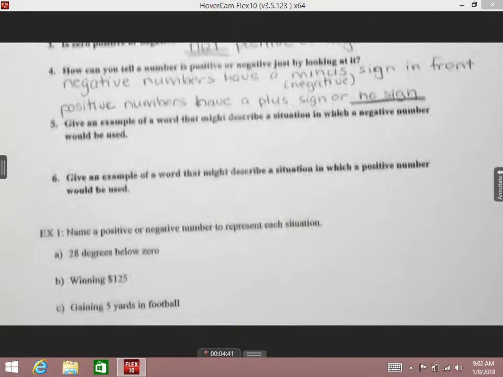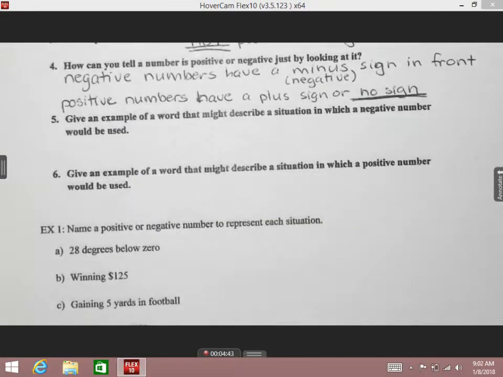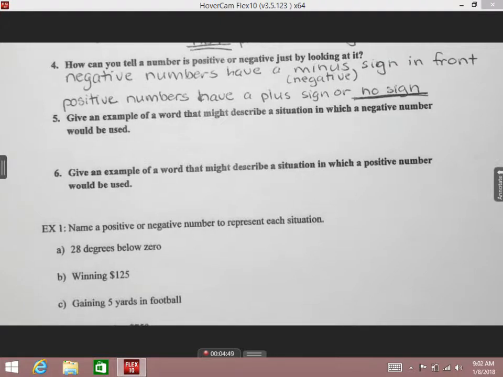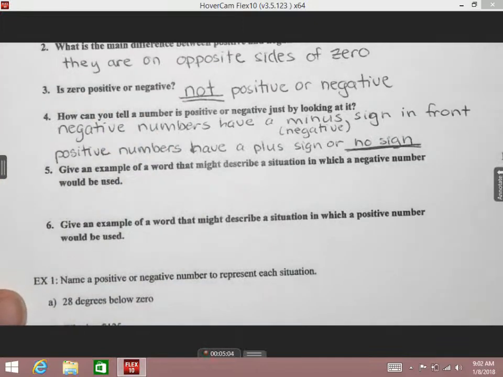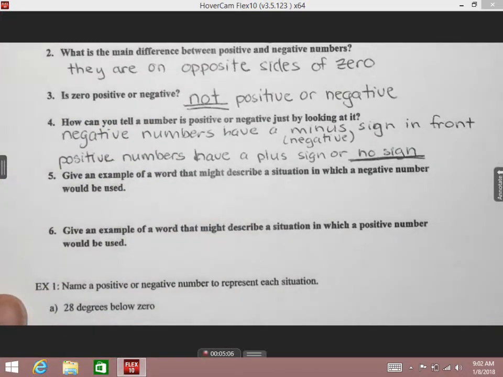Okay. Number 5, give an example of a word that might describe a situation in which a negative number would be used. So these are like those key words when you're reading a sentence and we're just wanting to write an integer. What are some key words that you might see and go, oh, I'm going to write a negative number here? What are some keywords we might see? Katie?